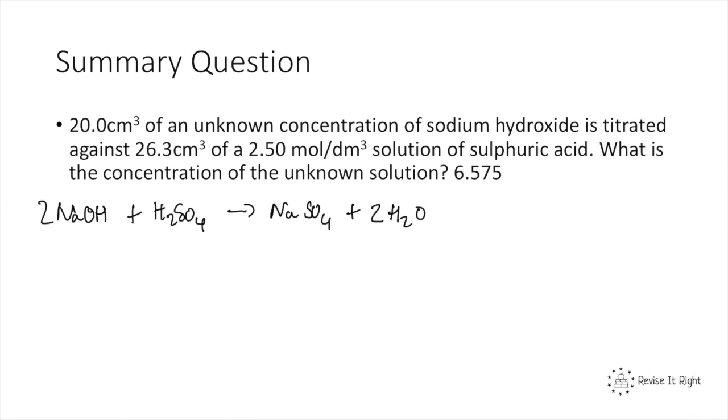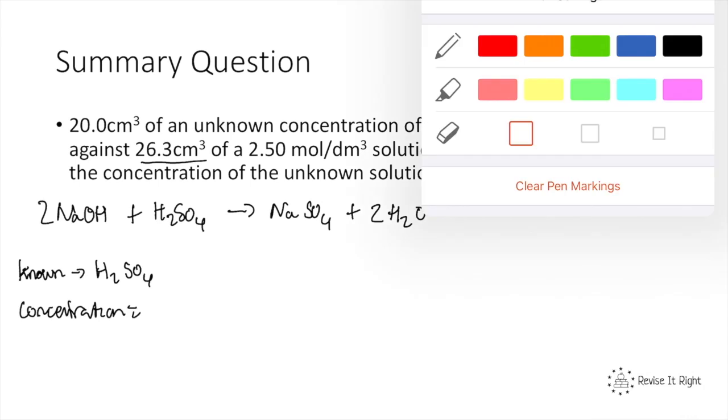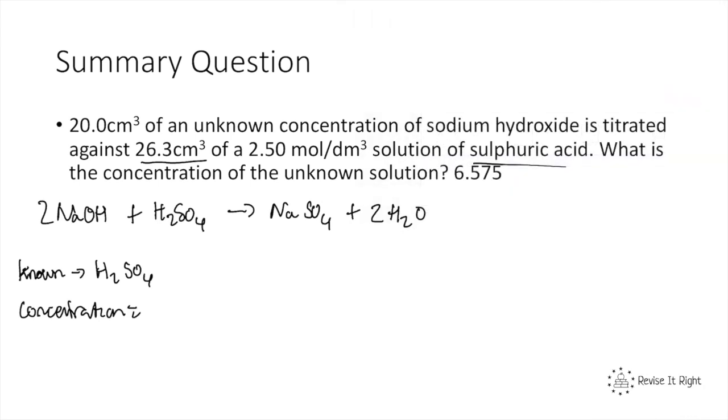Okay, so let's go through the answer then. First of all, as ever, after that, we're going to write down our known. The known one is this one here, so it's sulfuric acid. So we're going to write sulfuric acid there. Our concentration is 2.5 moles per dm cubed.